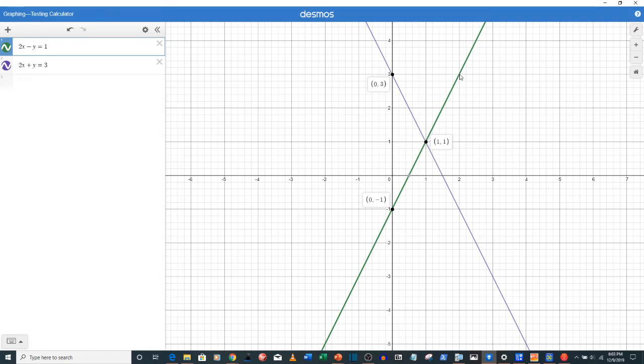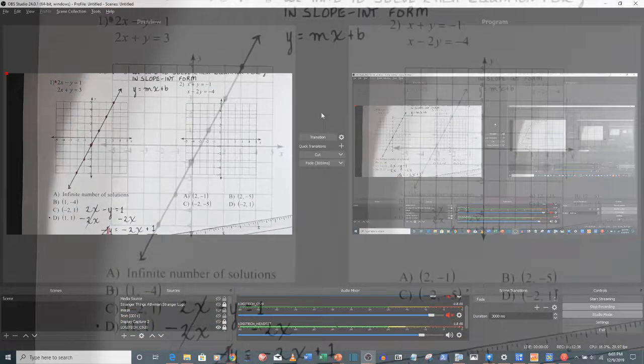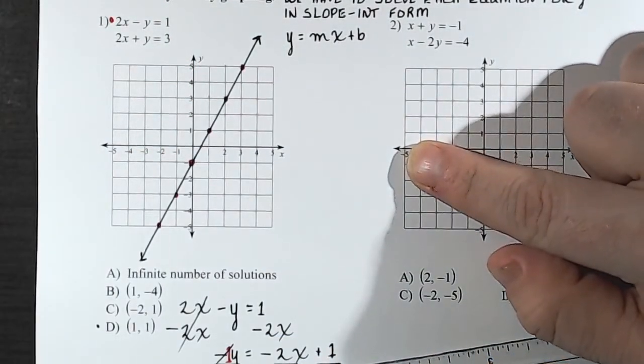And here we were at this point, 2, 3. Okay? So that's what we were doing when we were plotting in that line. So this green line right here is identical to this black line here that I just drew in.